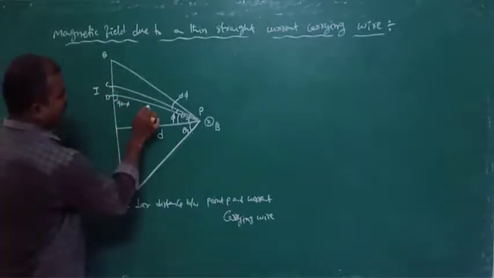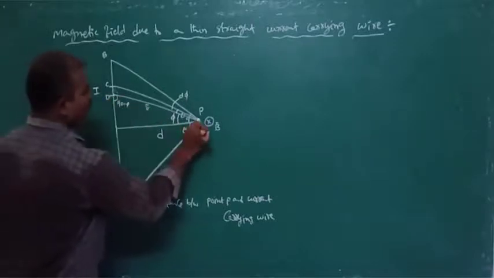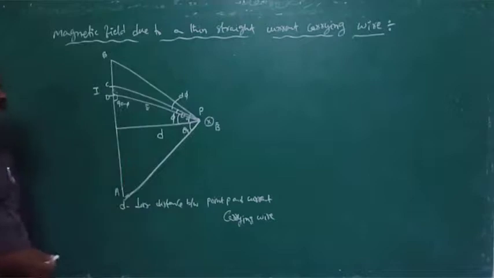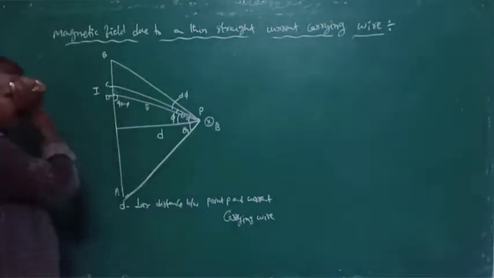The distance from this point D to this point P is r. Now it makes an angle of 90 minus φ.